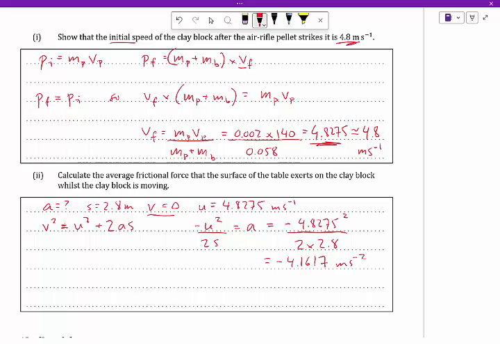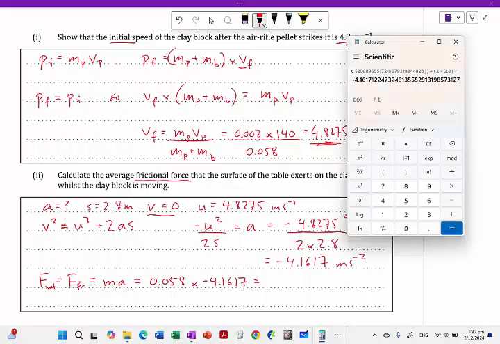And we were asked for the frictional force, so that's the force that's causing this deceleration. So F net is equal to F friction, because that's the only horizontal force acting, which is equal to MA, which is 0.058, which was the mass that's sliding, that's the mass of the pellet plus the mass of the block, times the acceleration, which is negative 4.1617.